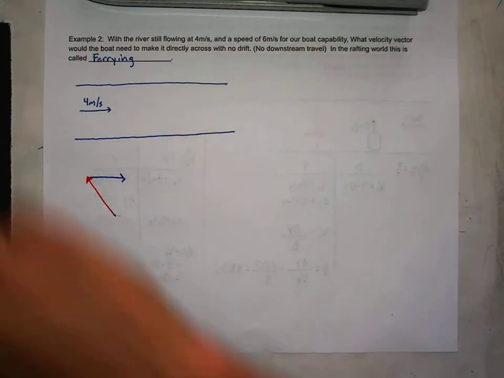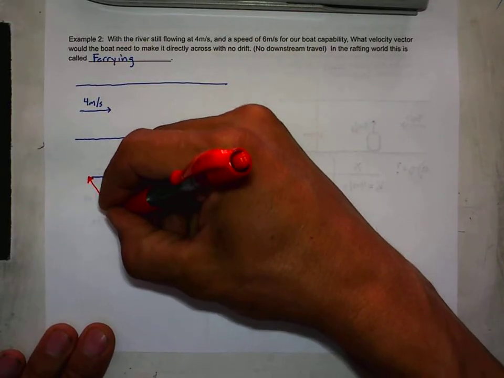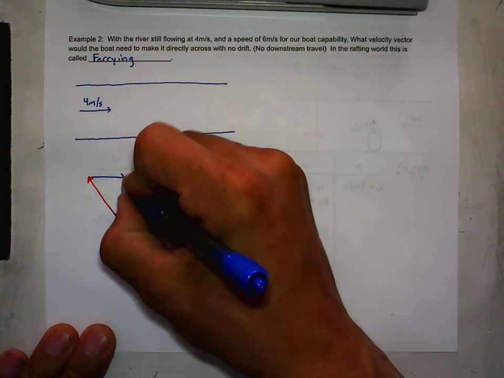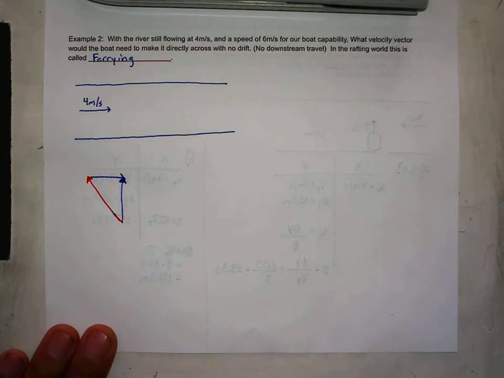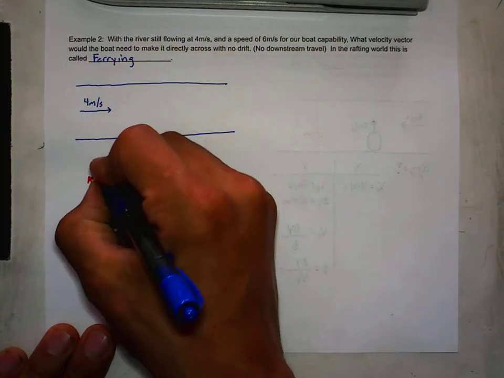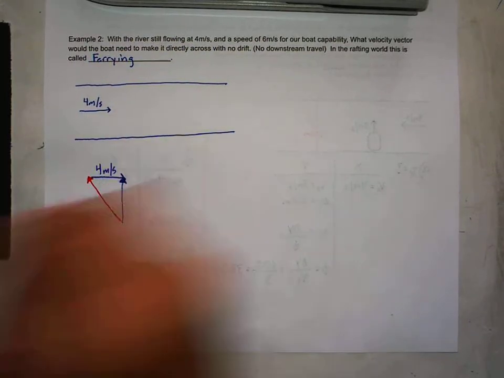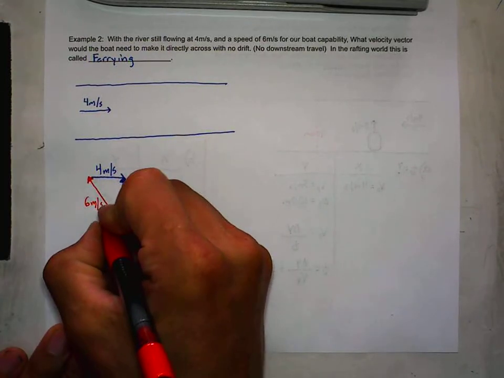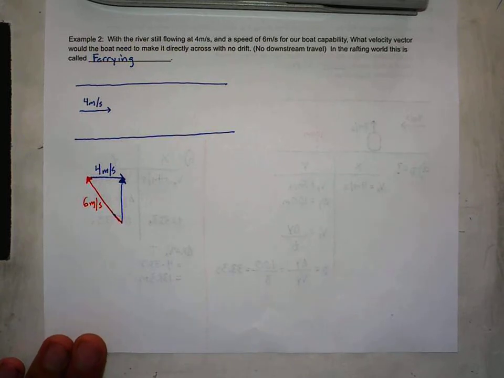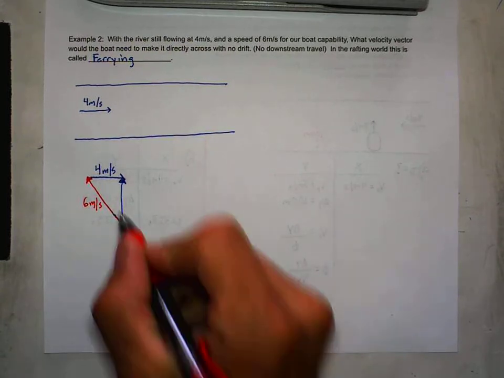Well, I kind of messed that up a little bit. I've got to add a little. Okay, we are going to go like this. Values: here's 4, here's 6. And now we just have to solve for this side.